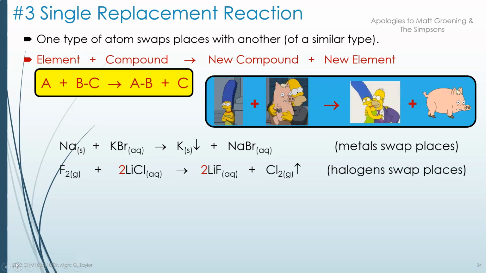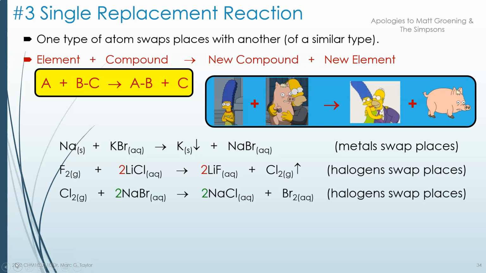It will bind to the more reactive fluorine, forming lithium fluoride, LiF, leaving behind chloride, but the chloride will bind with another chlorine to form chlorine gas. There's another reaction going on here. It's a little more advanced, but suffice it to say, likes will swap places with likes. The halogens will swap with halogens. Metals will tend to swap with metals.